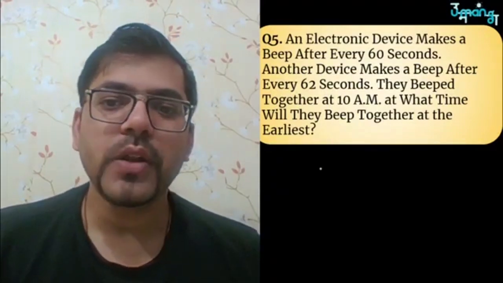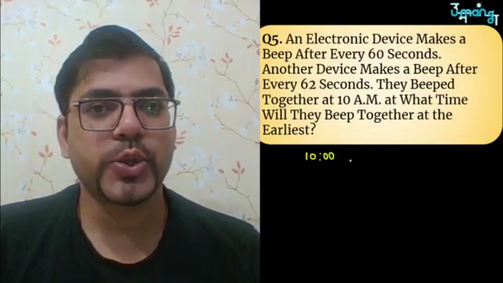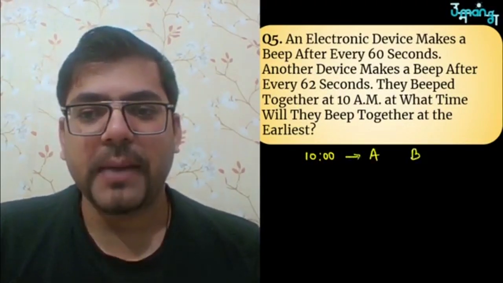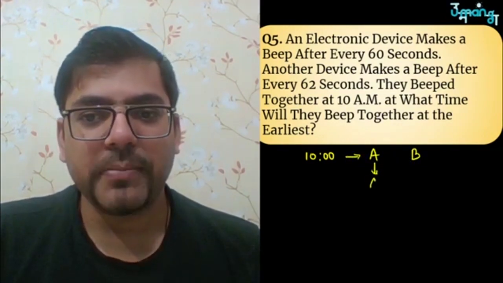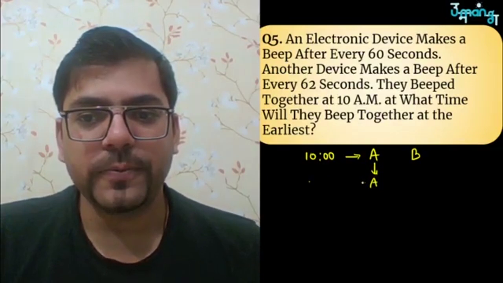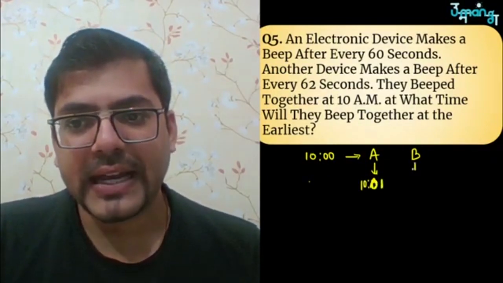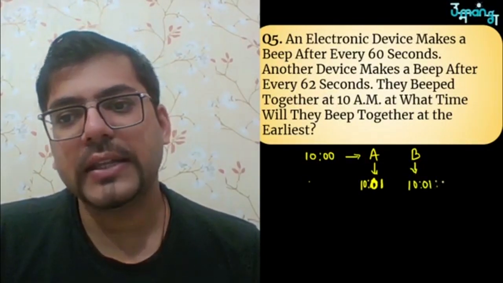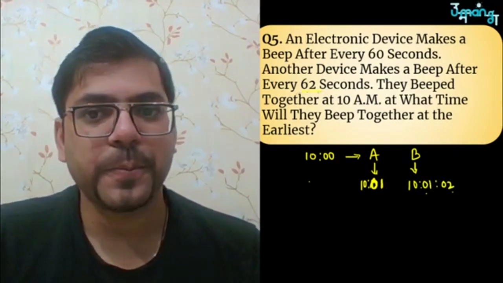So basically this question is saying that at 10:00, both the timers, timer A and timer B, beeped. Timer A will beep again at 10:01. But timer B will beep at 10:01 and 02 seconds, meaning 1 minute 2 seconds, that is 62 seconds.